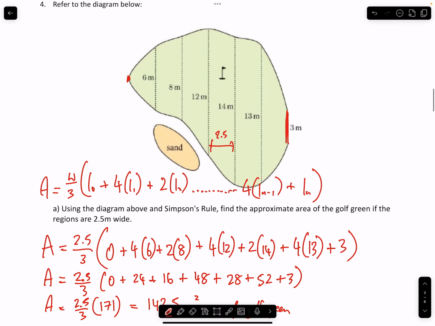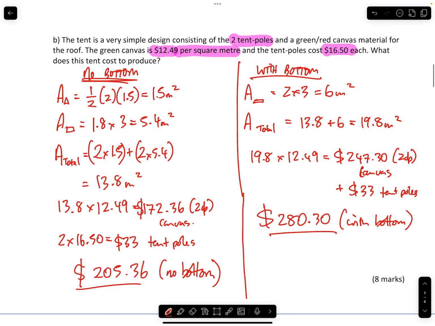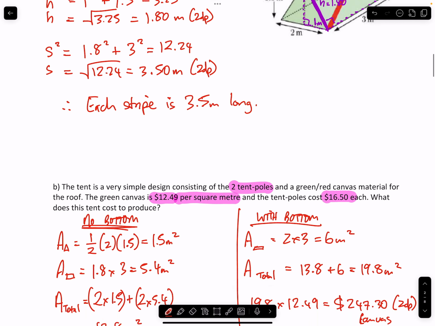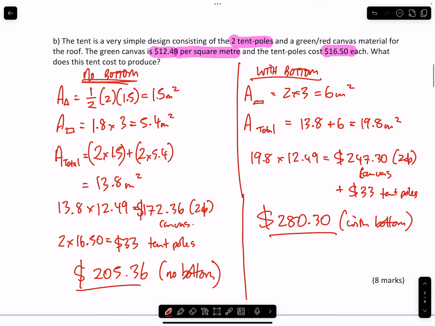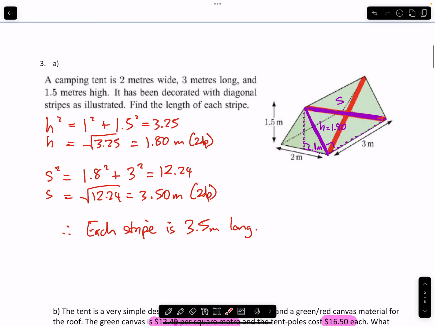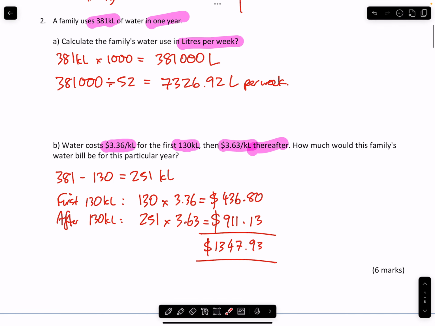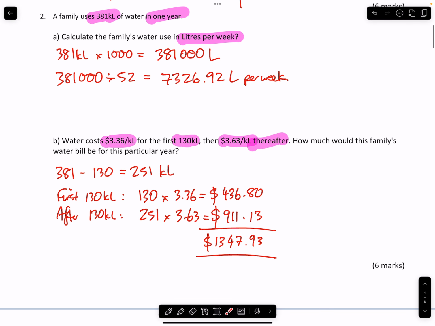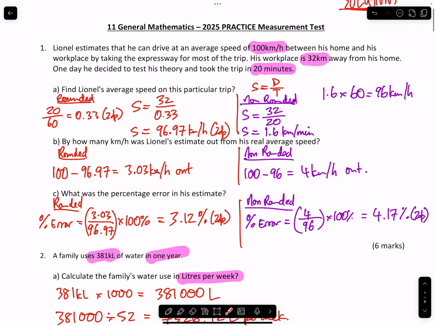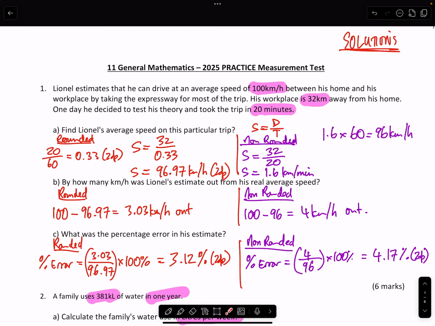Simpson's rule. Question 3 about the tenths with 2 options for part B, depending on whether you decided there was no bottom or with a bottom. Question 2, A and B done. Question 1 with 2 options depending on whether you round it or not.